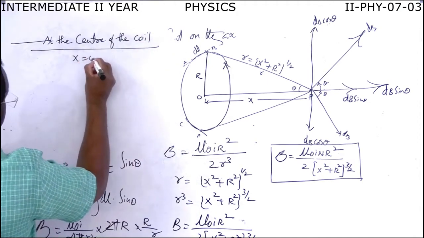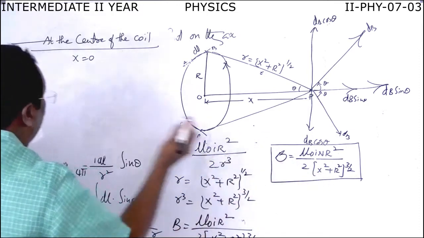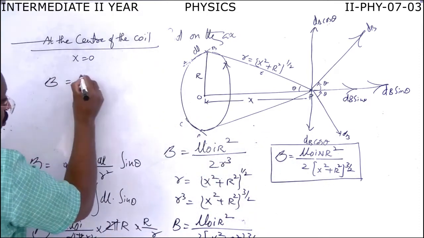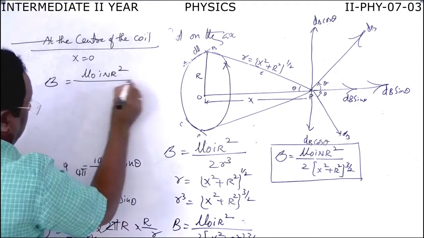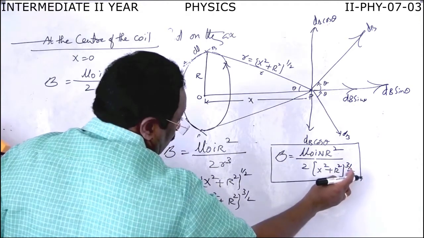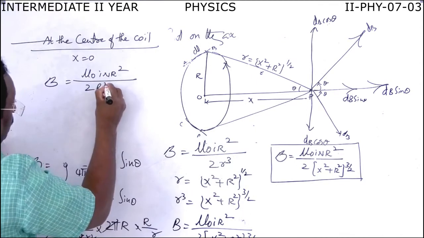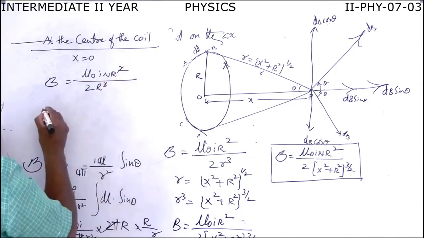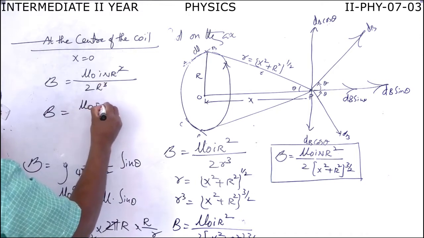If x is equal to 0, then we have mu naught I N R square by 2 into R square plus 0 whole to the power of 3 by 2. Square cancels, 2R cube. Now R square, so B becomes mu naught I N by 2R.